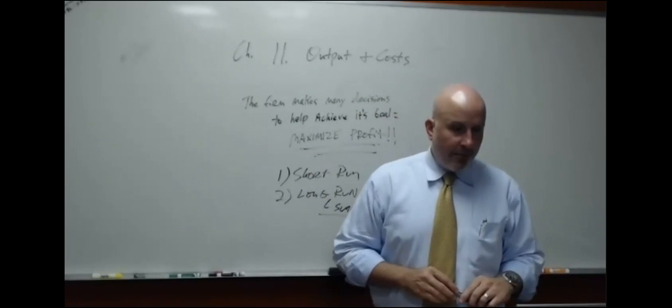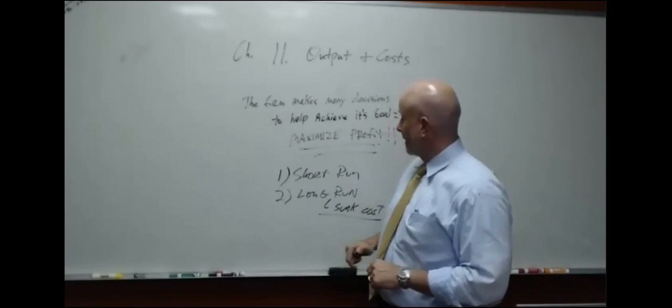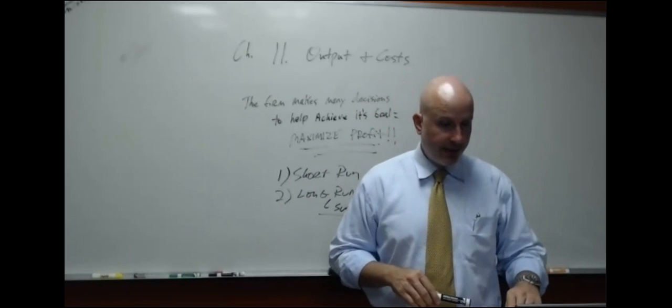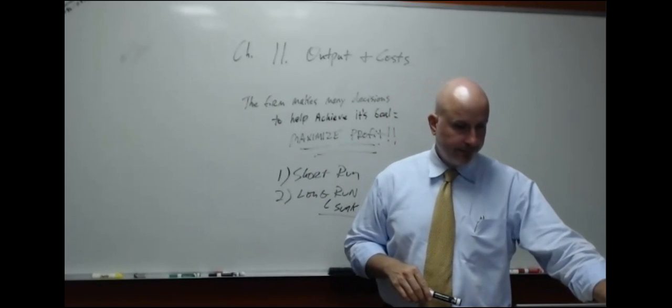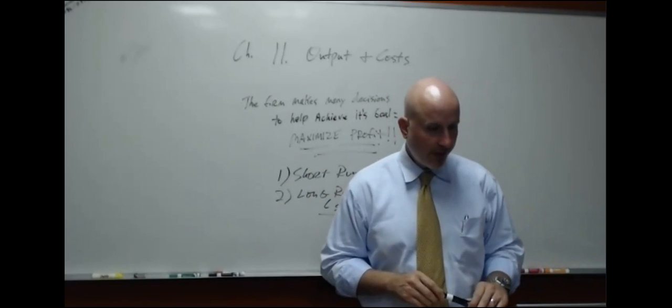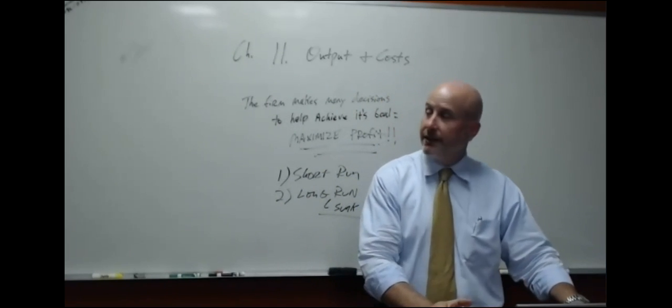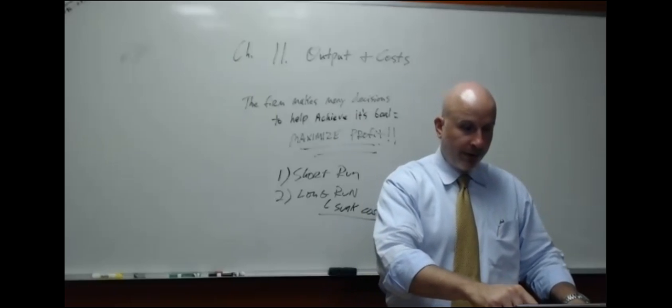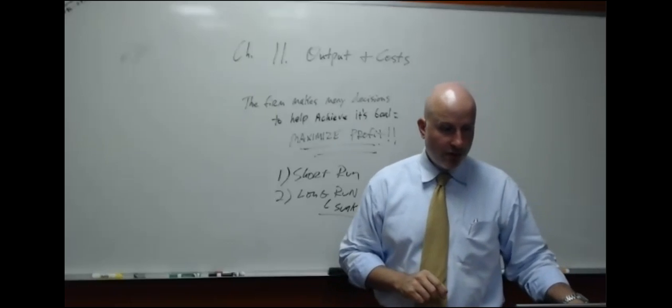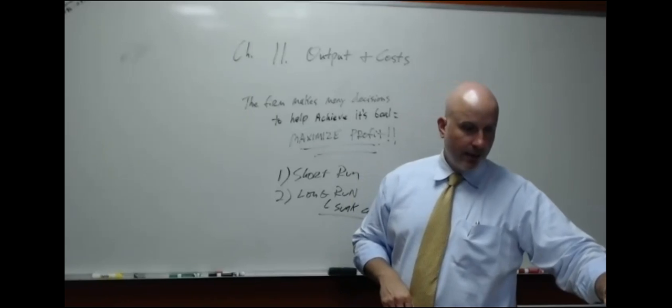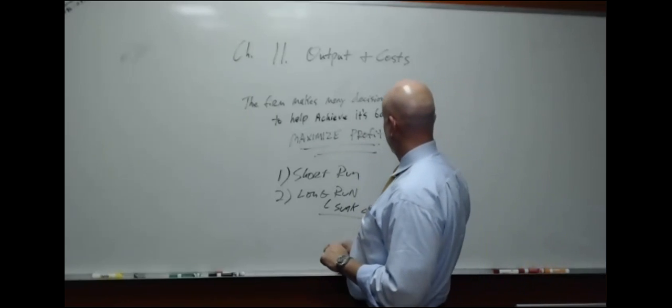Now, to increase output in the short run, a firm must increase the amount of labor employed. Three concepts describe the relationship between output and the quantity of labor employed. We're going to talk about total product, marginal product, and average product.